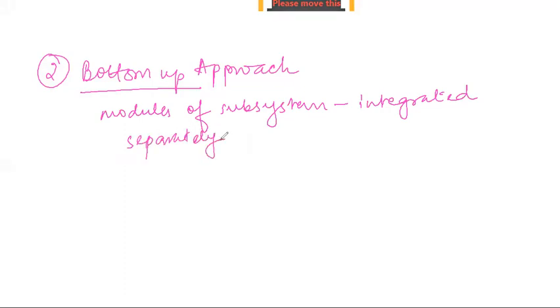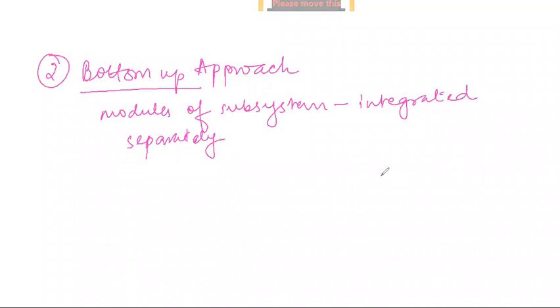And when we have independent small subsystems, then I can individually do integration testing and find out whether this subsystem has an error or not, that subsystem has an error or not. It is a better approach. The primary purpose of carrying out this integration in a subsystem is to test whether the interfaces among the various modules making up the subsystem work satisfactorily or not.